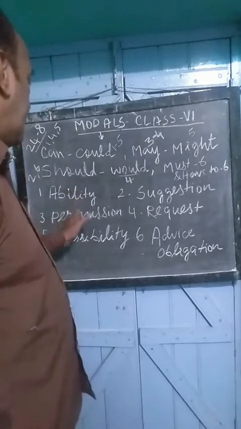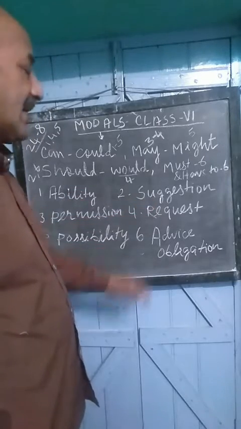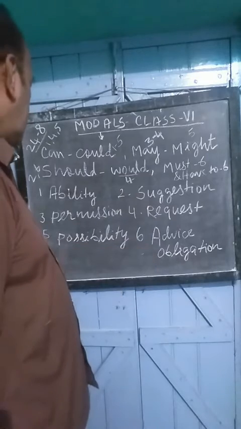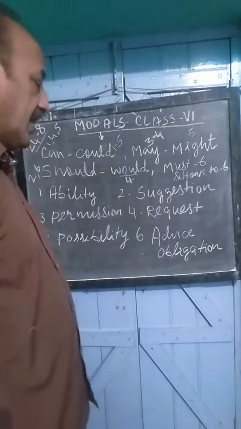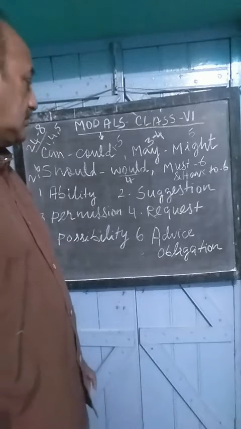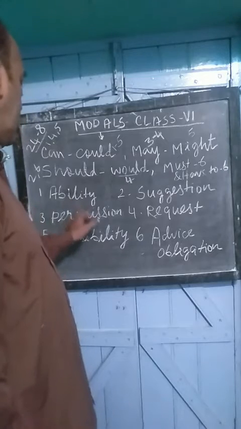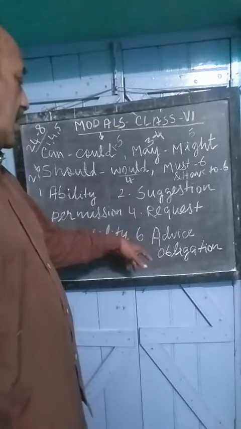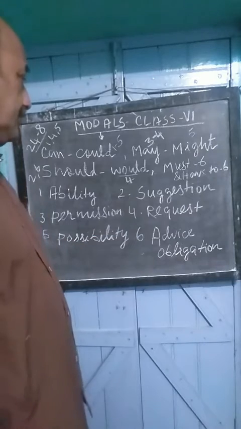And the different places where they can be used, some 6 of them here. I have written ability, permission, possibility, suggestion, request, advice or obligation.